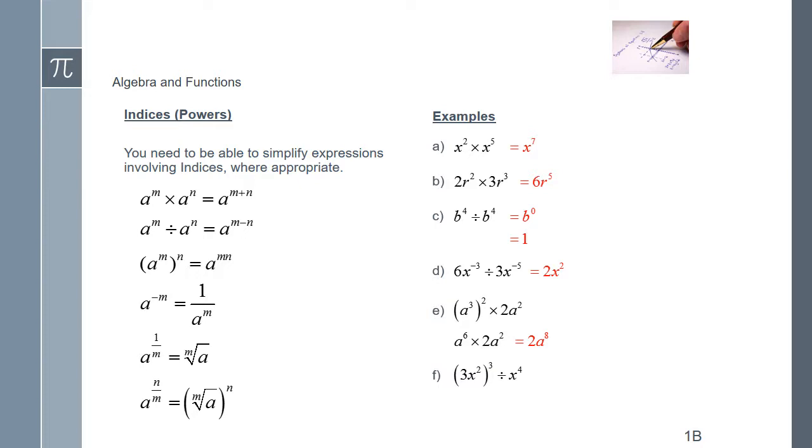So it's 3 cubed and x squared cubed. 3 cubed is 27. x squared cubed, using the third rule, is x to the power 6, divided by x to the power 4. Then we can use the second rule to get 27x squared. A common mistake is people forget to cube the 3 inside the bracket as well. Don't make that mistake.